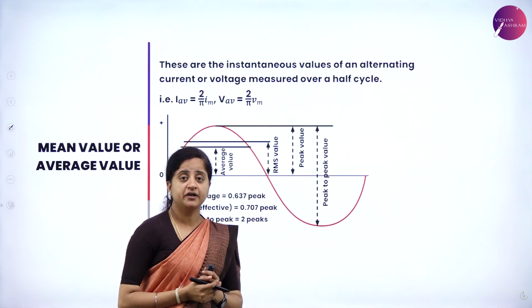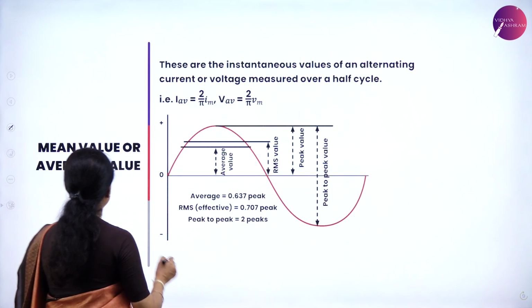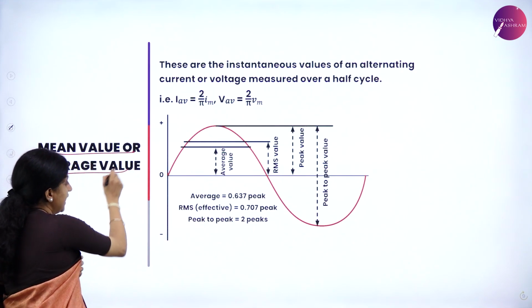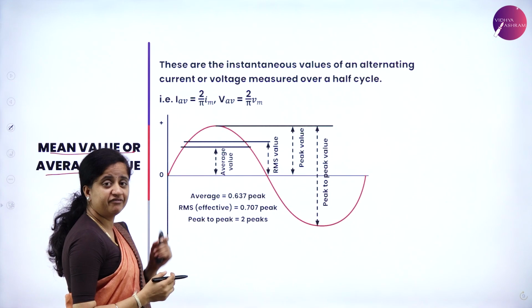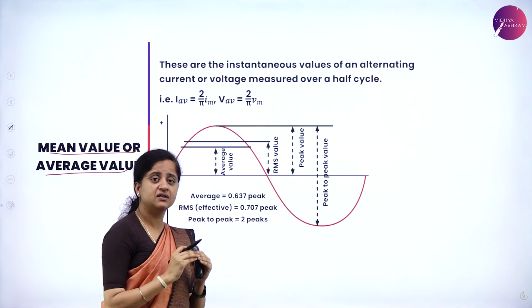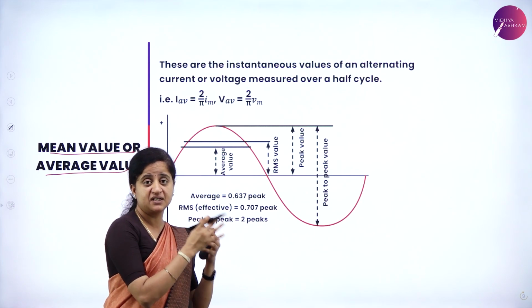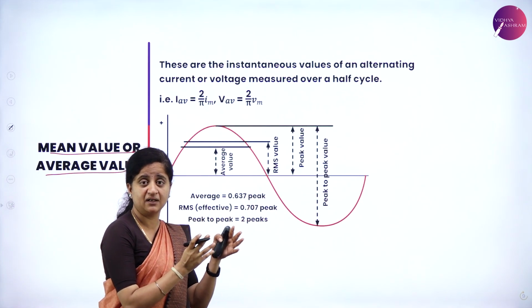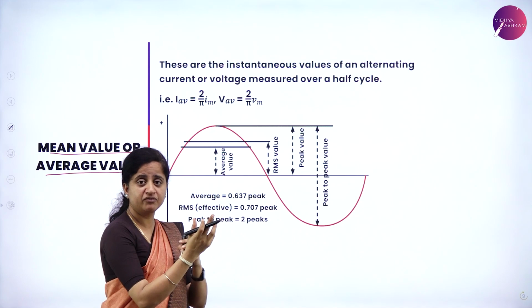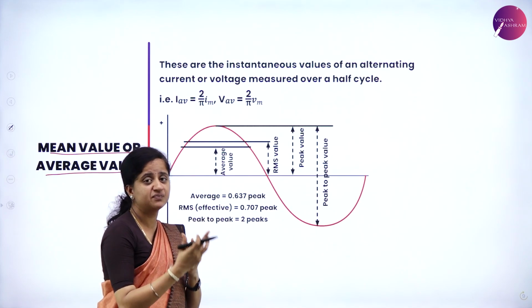The next important parameter in case of AC is the mean value or the average value. The definition of mean or average value is quite different to understand, because mean or average, generally we say, is nothing but the total divided by the number of trials or the number of values we have.